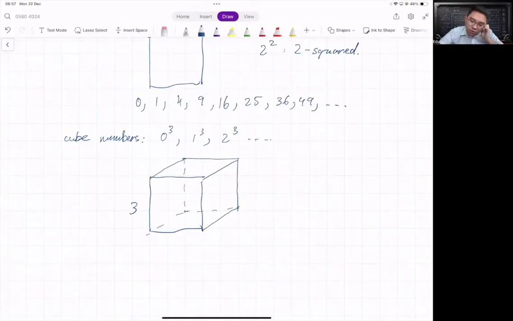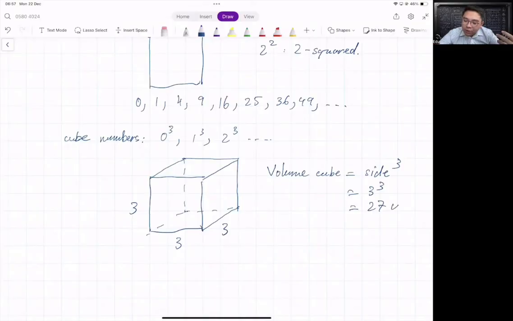Every side here is 3, so the volume of a cube, which is equal to a side to the power 3, which is 3 to the power 3, is going to be 27 units cubed. So again, we call this 3 cubed, which is 3 to the power 3.